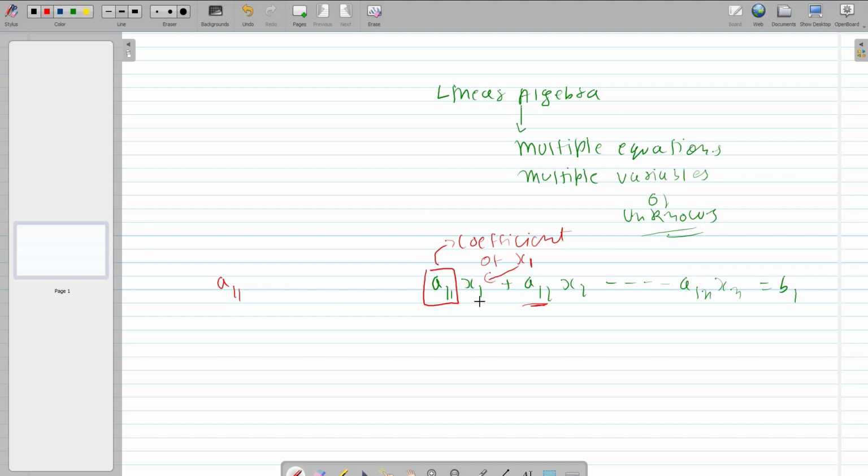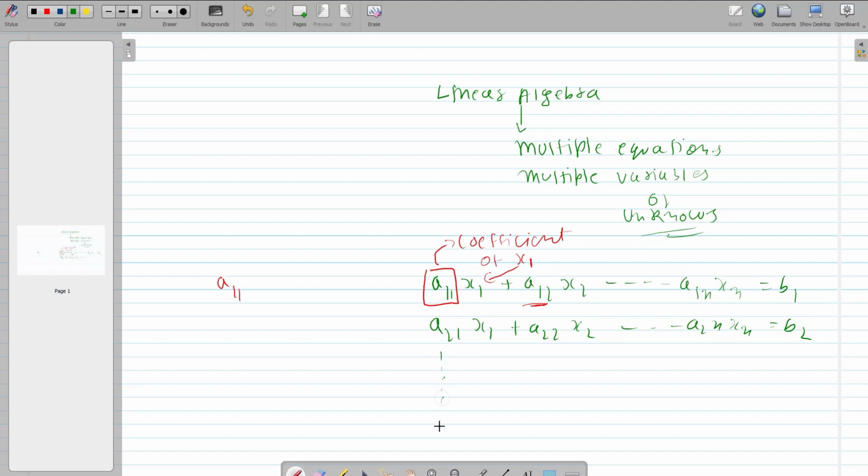Similarly, we can have a21 x1 plus a22 x2 till a2n xn is equal to b2. So again, second equation, coefficient of first variable, and so on.